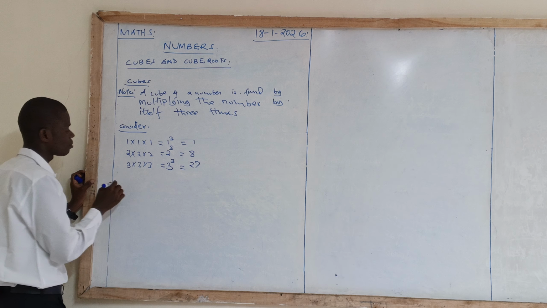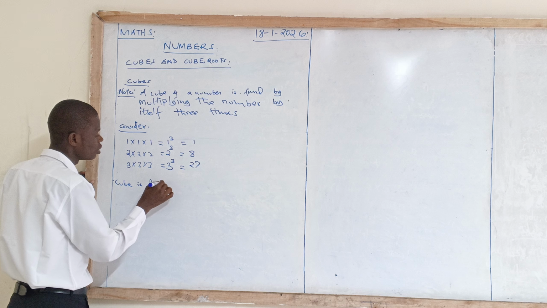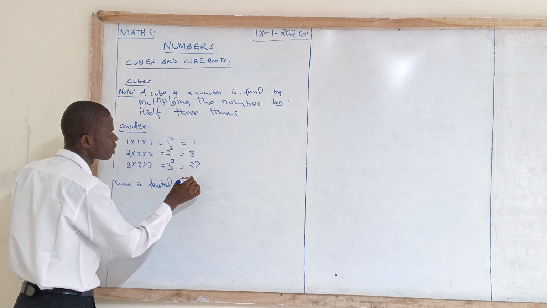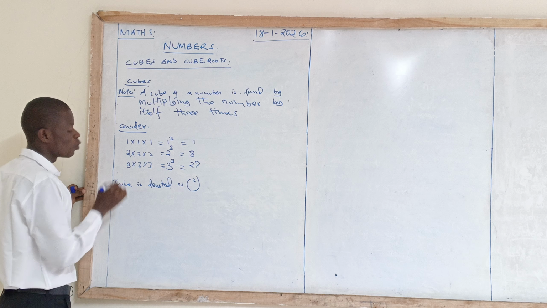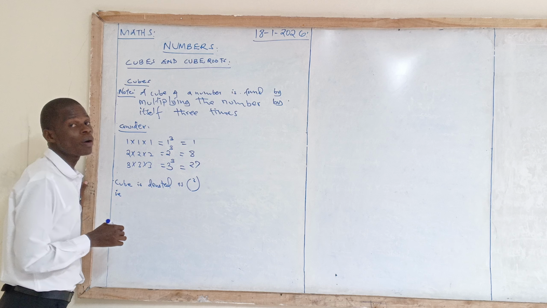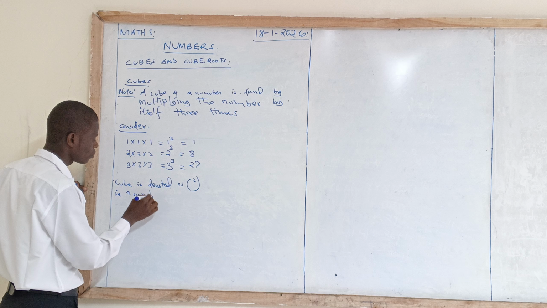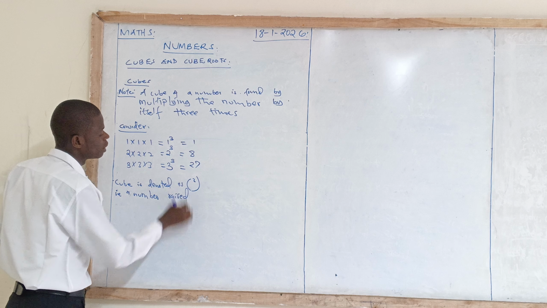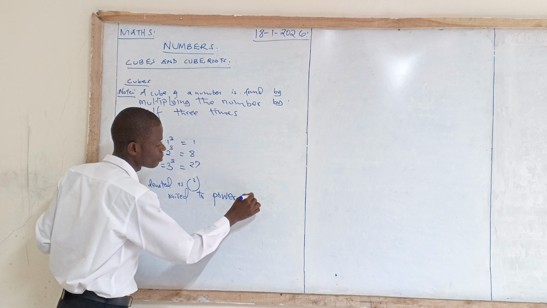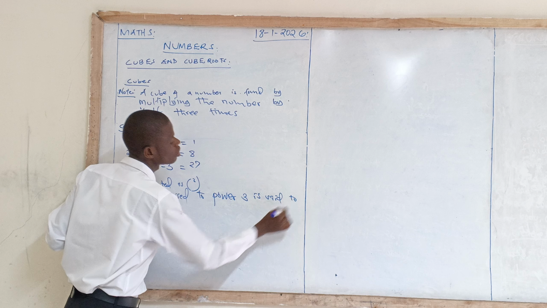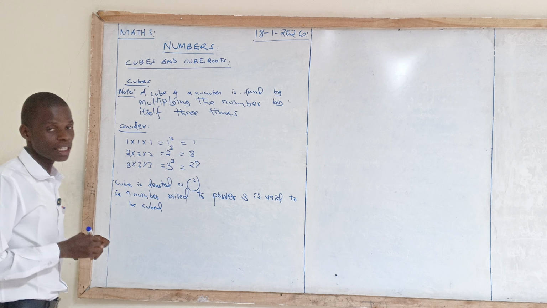So write and say that cube is denoted as, so there's that symbol on top there, i.e., a number raised to power 3 is said to be cubed.